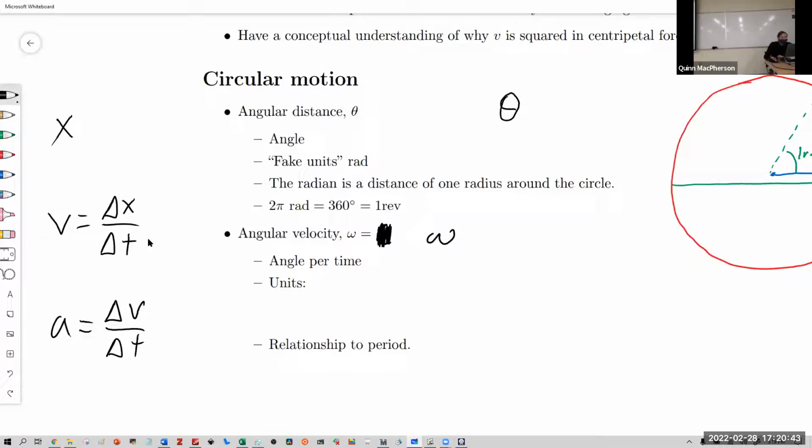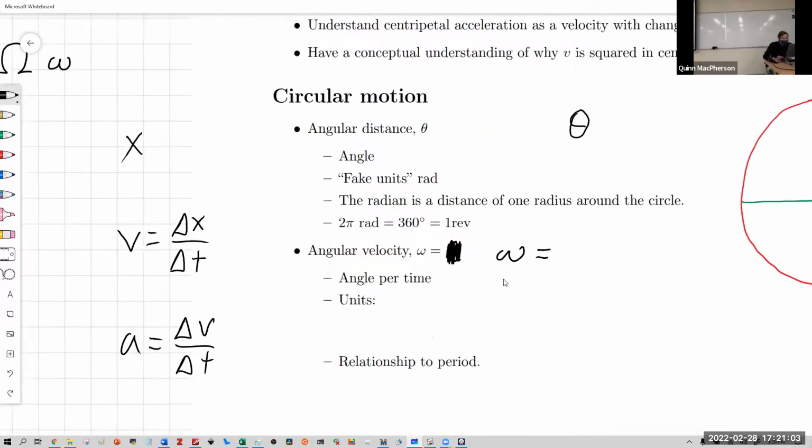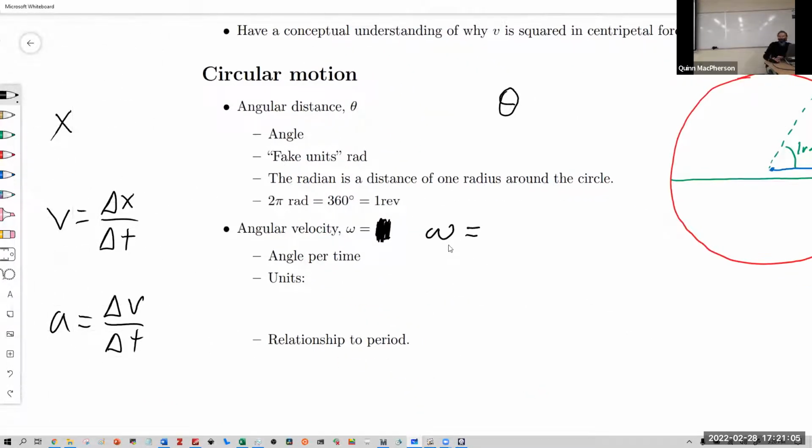Then angular velocity is this thing. This looks like a W. It's not a W. It's an omega. So side comment about Greek. This is the capital omega. That's the little omega. New Greek letter for the day. So little omega is the variable people use for angular velocity, typically given in radians per second.